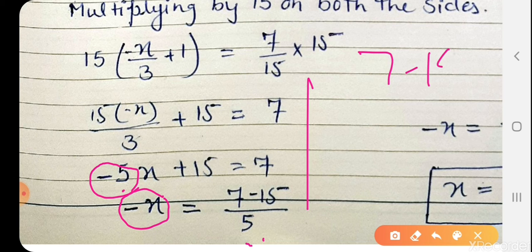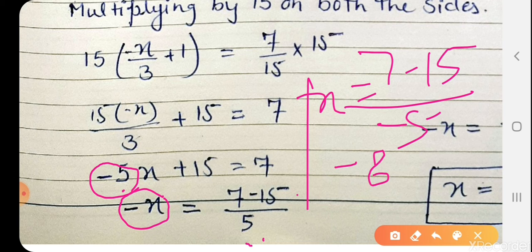7 minus 15 upon minus 5 is equal to x. In both cases 7 minus 15 equals minus 8 upon minus 5, minus and minus make plus. Here what I have done, I kept this negative with x.